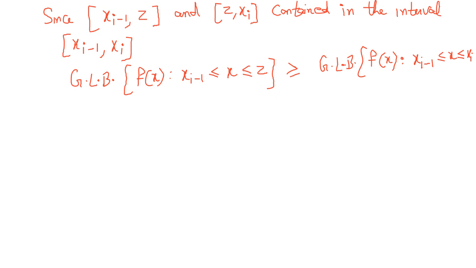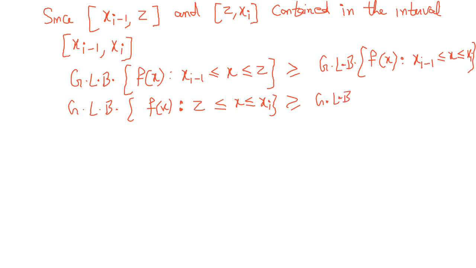This we have to consider. Similarly, the GLB of f of x for z less than or equal to x less than or equal to xi is greater than or equal to the GLB of f of x for xi minus 1 less than or equal to x less than or equal to xi.